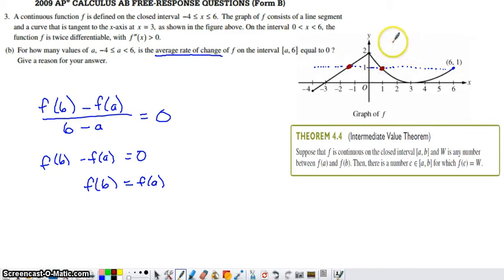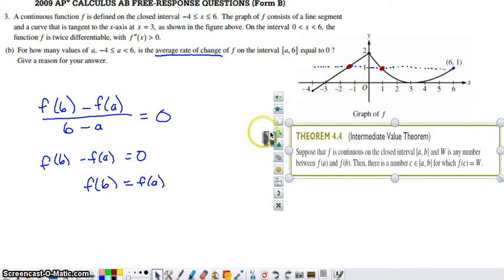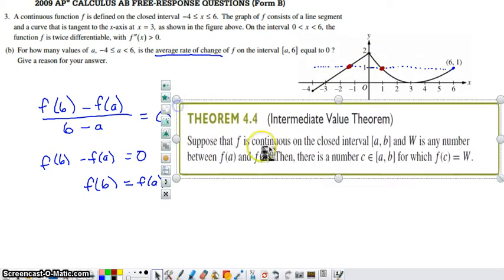We don't know for sure, but we do know that this line, to get from this negative value to this positive y value, has to cross the value of 1 at some point in between. That's actually this theorem right here, which I have shrunk down a little bit, the intermediate value theorem.